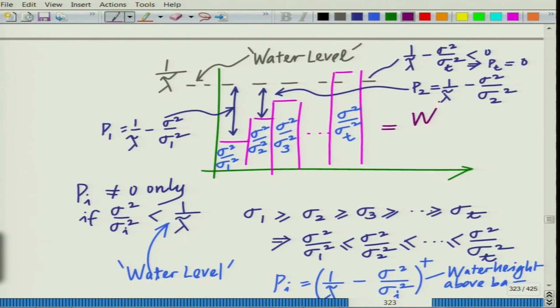This is a very celebrated, very popular algorithm for optimal power allocation, to allocate the power to maximize the sum rate, or to achieve the capacity of the MIMO system.